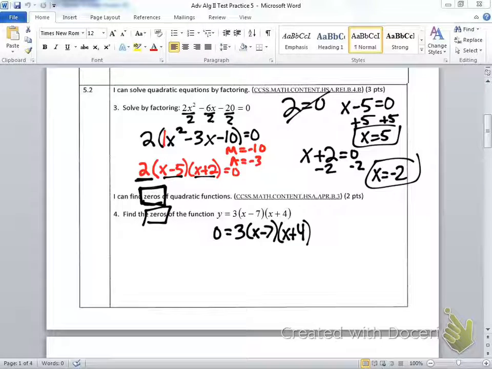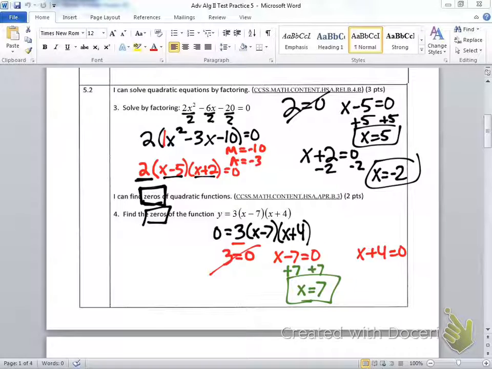Okay? So, does 3 ever equal 0? No. So again, we have a piece that's not going to give us a solution. x minus 7 equals 0. x plus 4 equals 0. So I'm going to add 7 to both sides. 7 is a solution. Subtract 4 from both sides. Negative 4 is a solution.